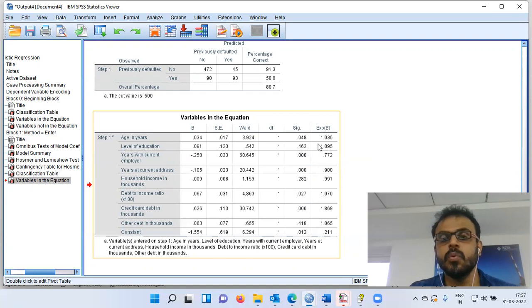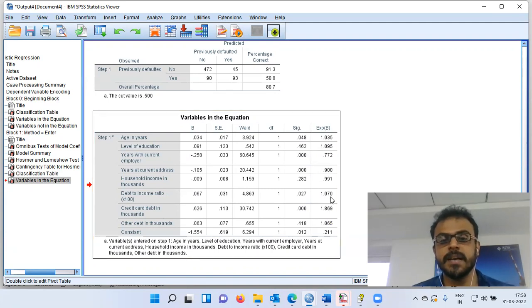Now, this is for age when the number is greater than 1. You can make better sense of this when you look at the debt related variables. Remember, the last three variables all talk about debt. Now, let me just interpret this particular variable, debt to income ratio. The odds ratio is 1.07. How do we interpret this?